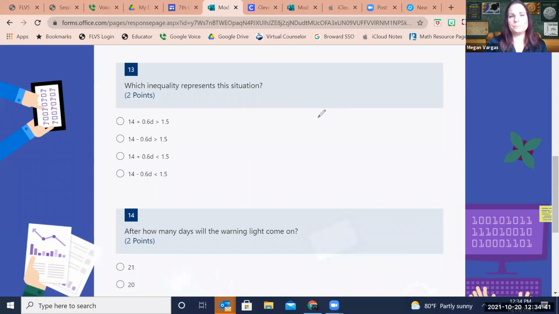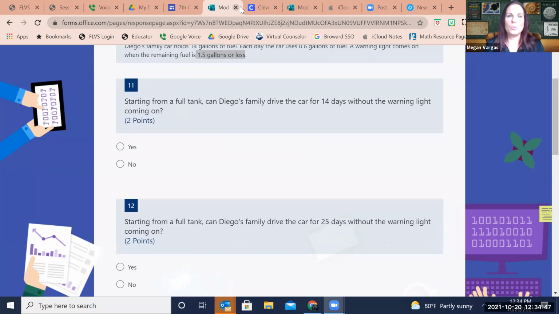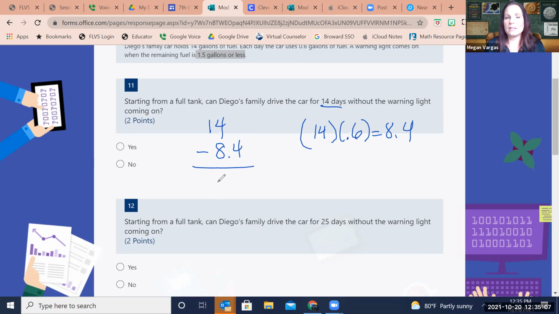Let's go back. So here we got 8.4, right? We found that in 14 days, 14 days times 0.6 was 8.4. And we know that the car has 14 gallons. So then we subtracted 8.4 to figure out how many gallons would be left in the tank, right?